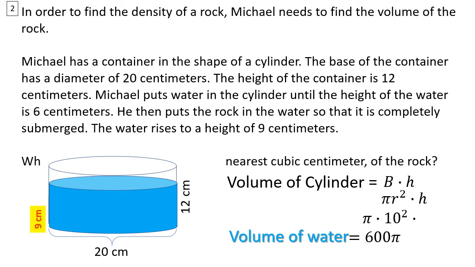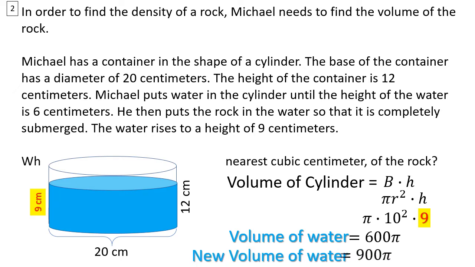Now it's 9 centimeters instead of 6 centimeters. Well, we should be able to find the volume of that. The new volume of the water is just pi times 10 squared times our new height of water, which is 9 instead of 6. Well, that's going to be 900 pi.